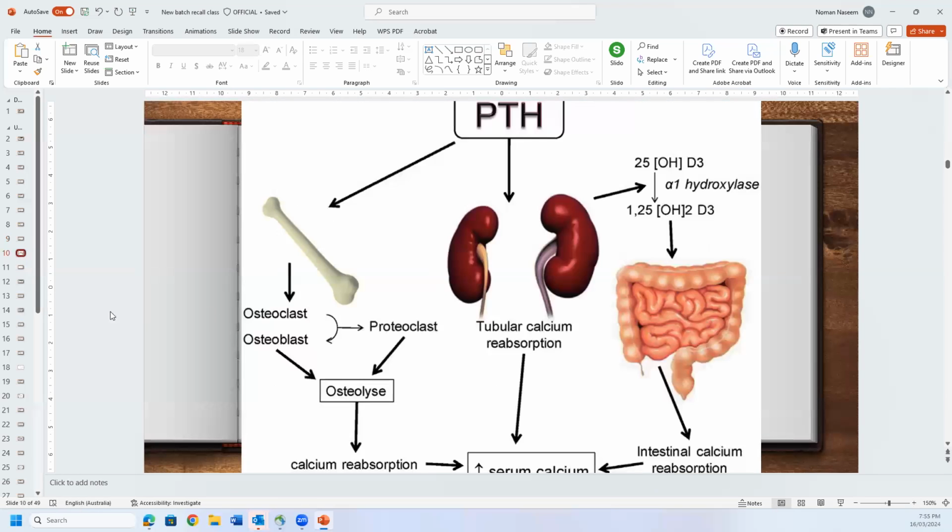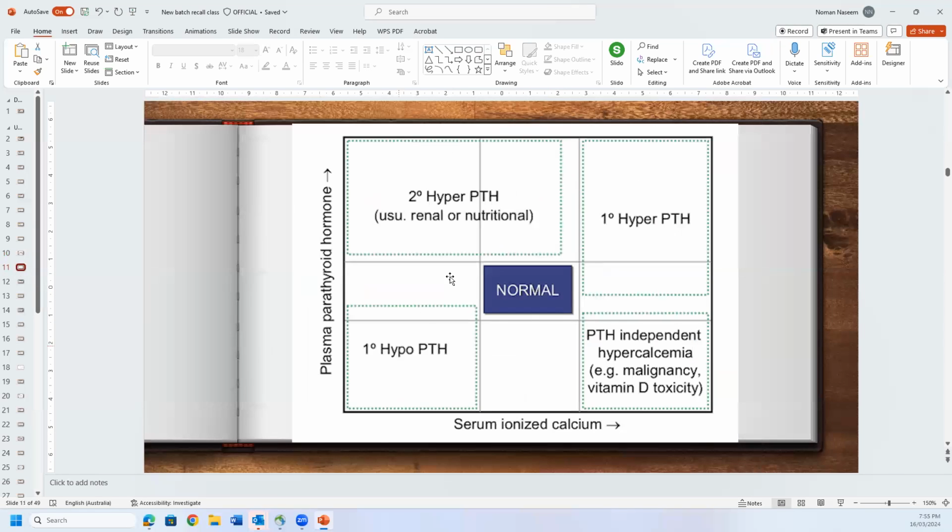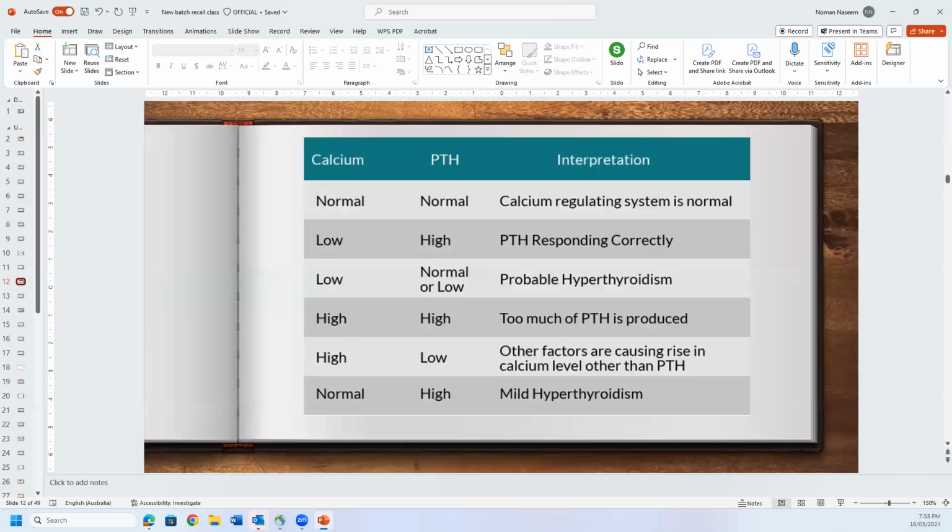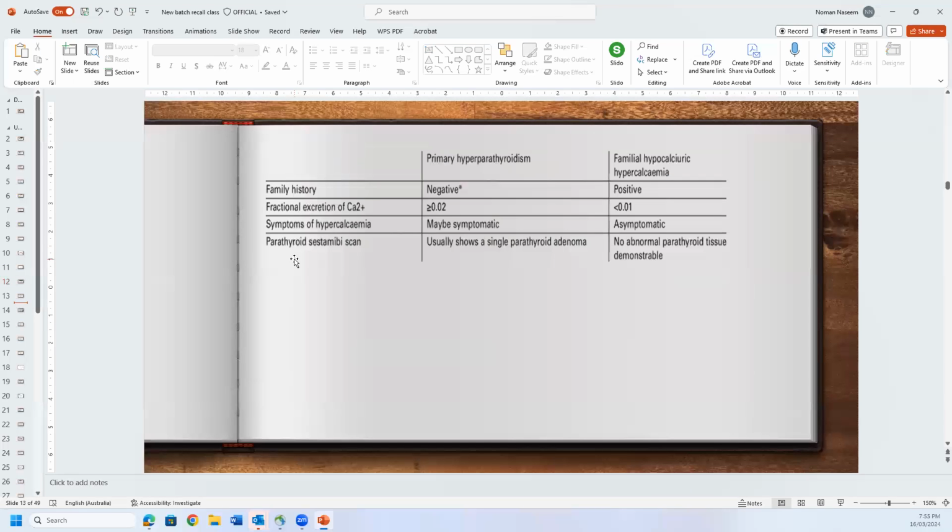And this one is the pathway of the parathyroid hormone mechanism of action. It's similar to the causes of parathyroid hormone, but what I want you to go through is this one. There is another condition called familial hypocalciuric hypercalcemia.